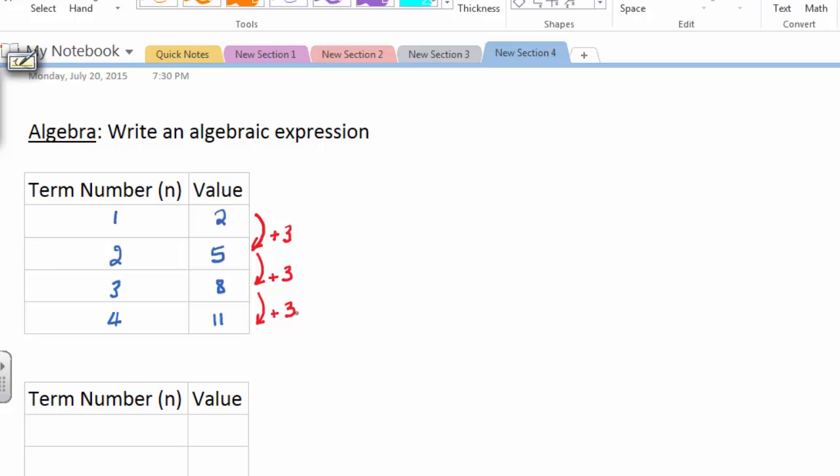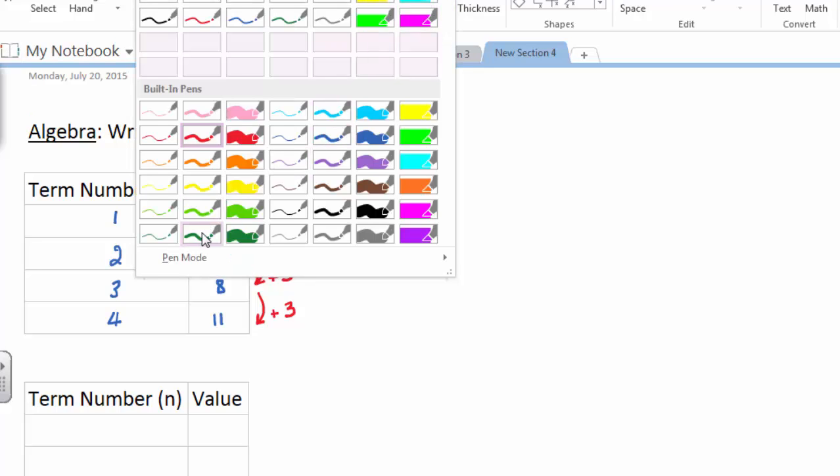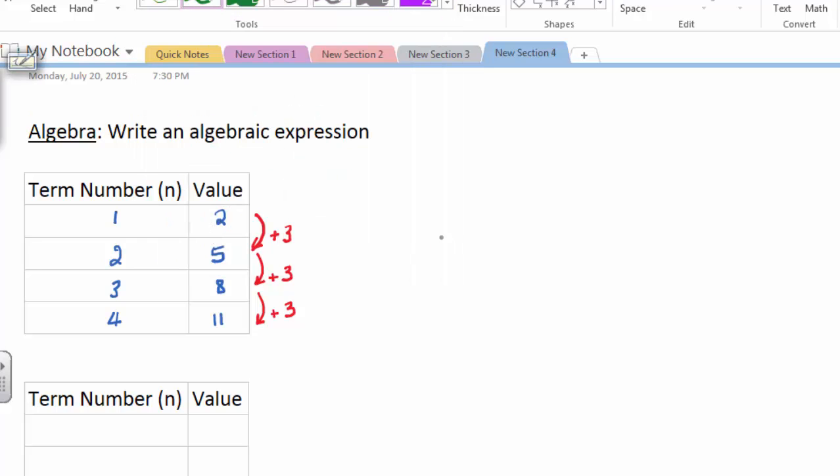Because we are increasing by 3, we're going to learn something new: we can say that the algebraic expression is going to be 3n. What is n? It's the term number. Can you see the n here? Hopefully the 3n is going to give me the right answer.